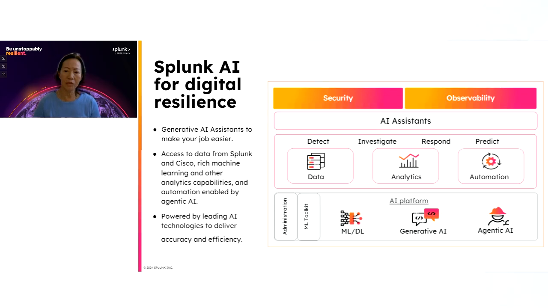And what we mean by that is, from a data standpoint, you always need data for AI. So whether it's data itself or data management, with Splunk you have access to both. We're able to get a lot of data, and I'll show you a little bit more about that in a couple of slides. And then we have AI, whether it's machine learning or generative AI.